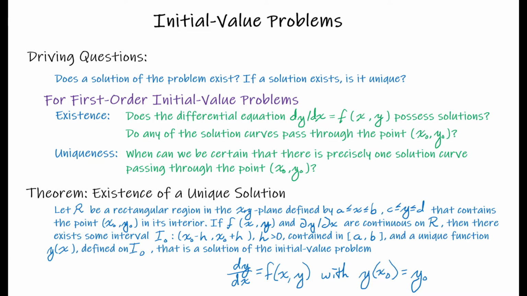And that's going to give us an interval on that x-axis, this initial interval. And that interval will be somewhere in the closed interval AB. And we have some unique function y of x defined on that initial interval. That's the solution of the initial value problem.